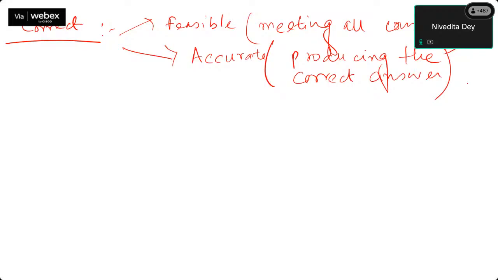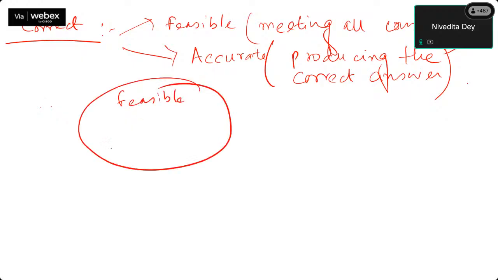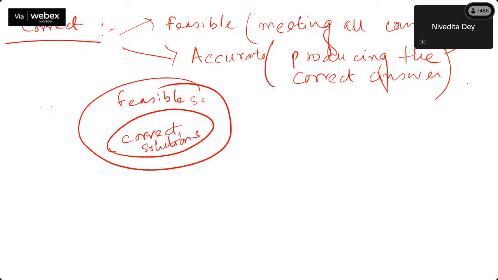If both the conditions hold true, then that feasible solution becomes a correct solution. So that means feasible is a kind of superset of the correct solutions. Right? So that is the story.